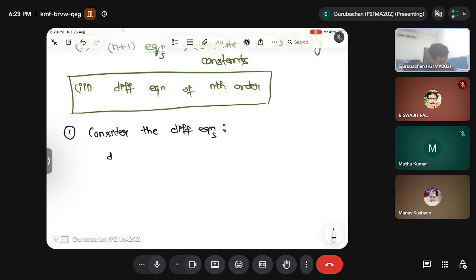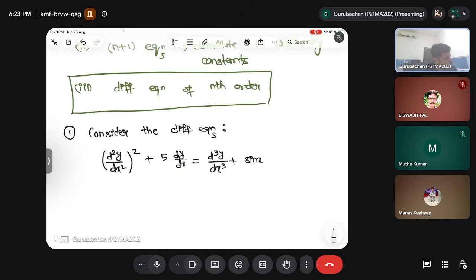One is (d2y by dx square) whole square plus 5 times dy by dx equal to d3y by dx cube plus sin x.